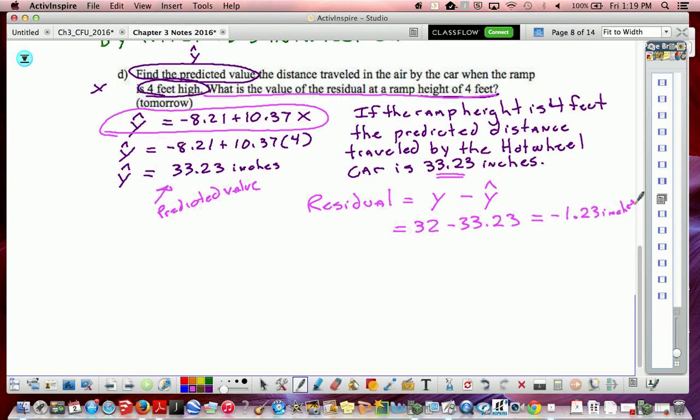Now the question, what does this negative 1.23 actually represent?